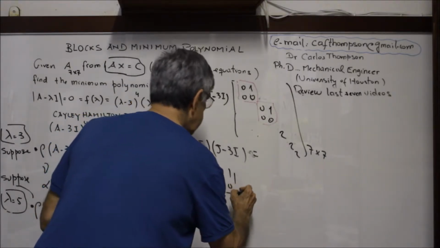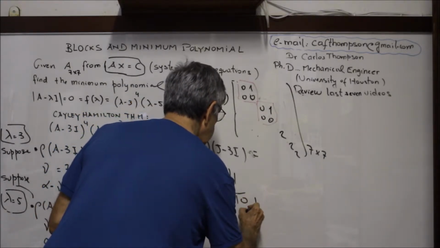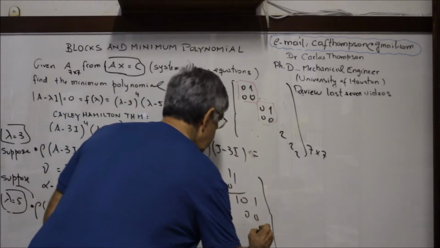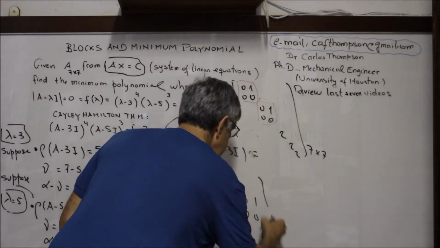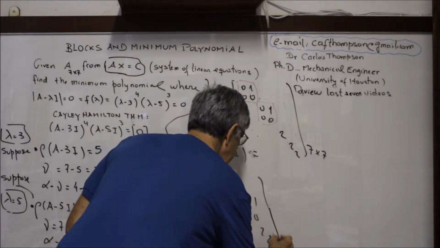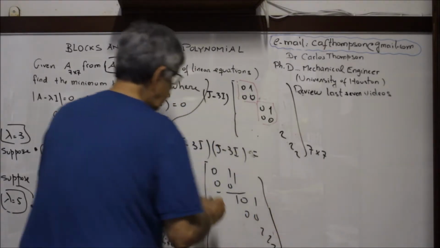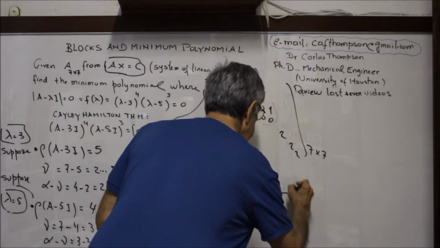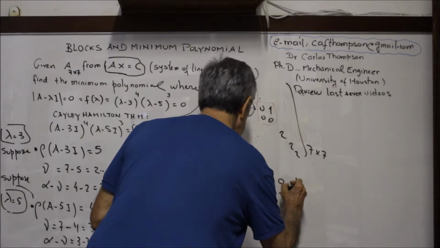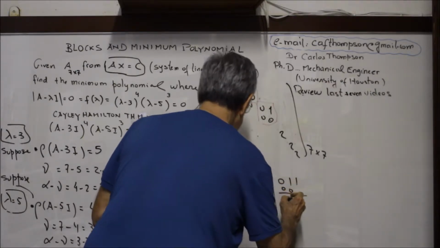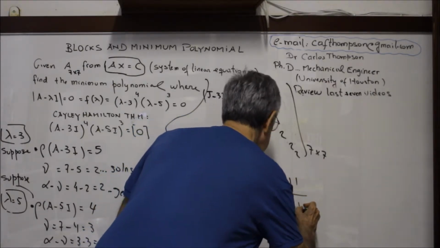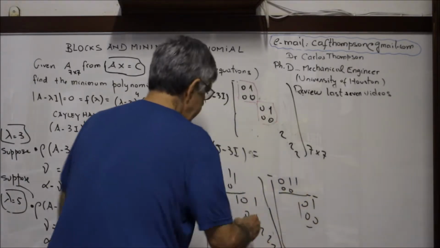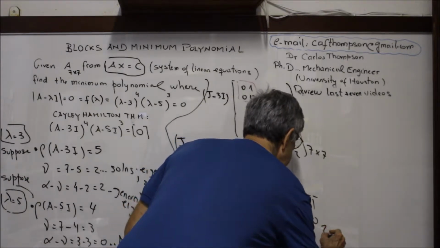Here I have another block, 0, 1, 0, 0. And here I have 2, 2, and 2. Now these times the same matrix. This is the same block, 0, 1, 0, 0, and here 0, 1, 0, 0. This is my two blocks, and then I have three 2s here.